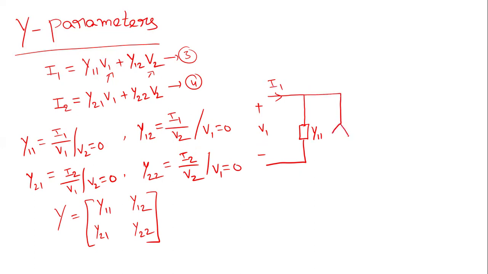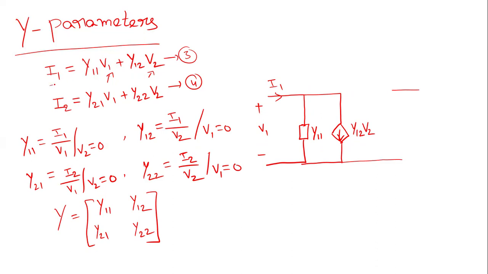This is Y12 V2, a dependent current source represented like this. It depends on the output voltage V2, which is why it is a dependent current source.